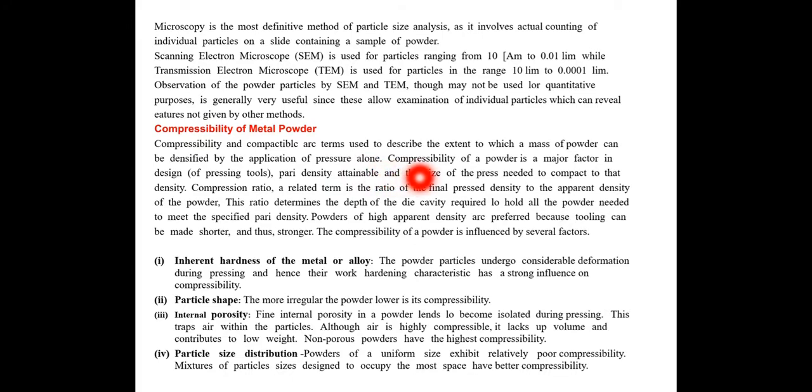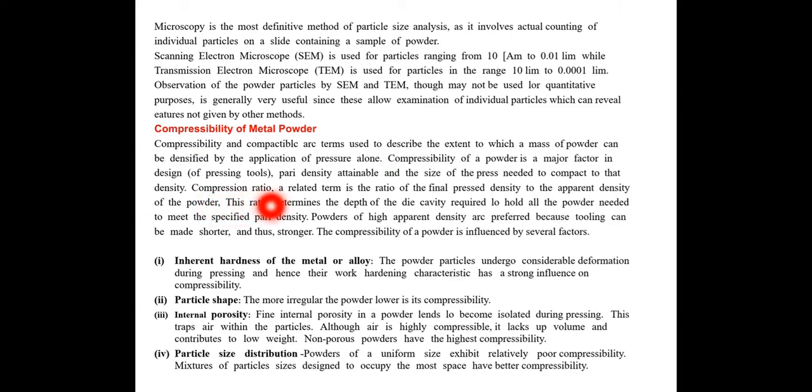Compressibility of the powder is a major factor in the design of pressing tools, the density attainable, and the size of the press needed to compact to that density. We use a press with dies, an upper die and a lower die. In the lower die, we place the powders, add certain binders and certain lubricants if possible, then we compact, that is compress, that powder.